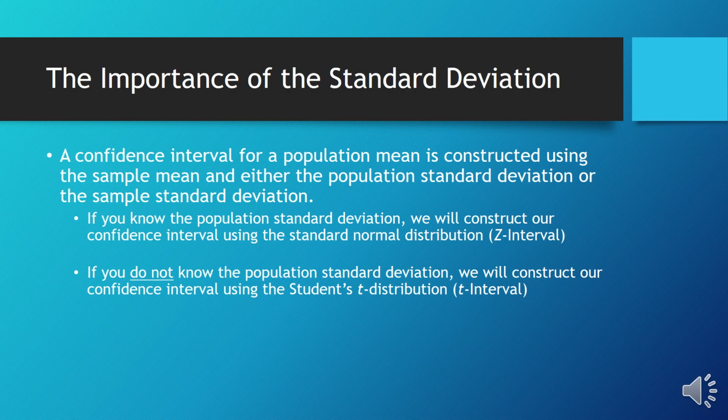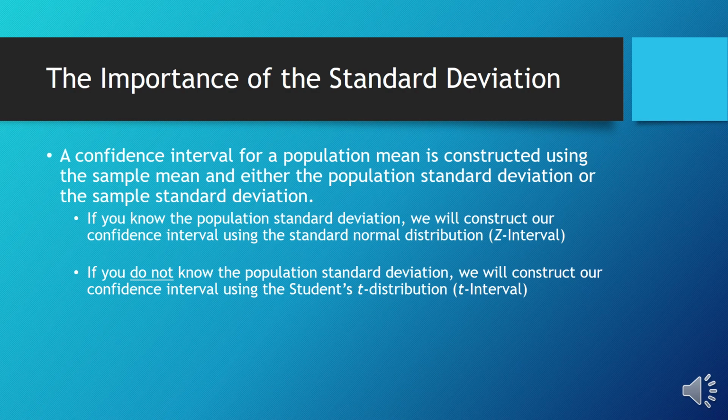So if you're copying down some notes as you go through this video, you may just want to write yourself a little flow chart here and say, starting at the top, if you're constructing a confidence interval for a population mean, that's going to have two different little arrows coming off of it. You either know the population standard deviation or you don't know the population standard deviation.